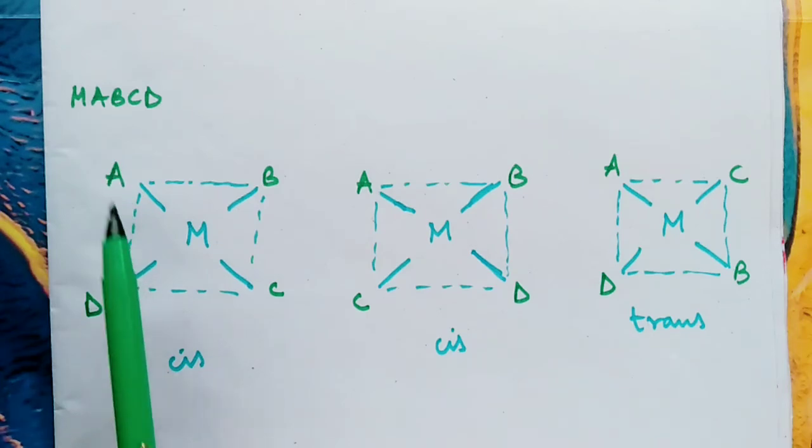We have 4 different ligands, A, B, C, and D. So this is all about the geometrical or the cis-trans isomers. That's all.